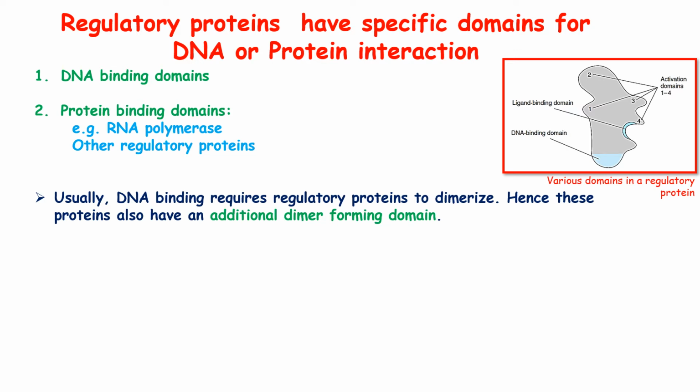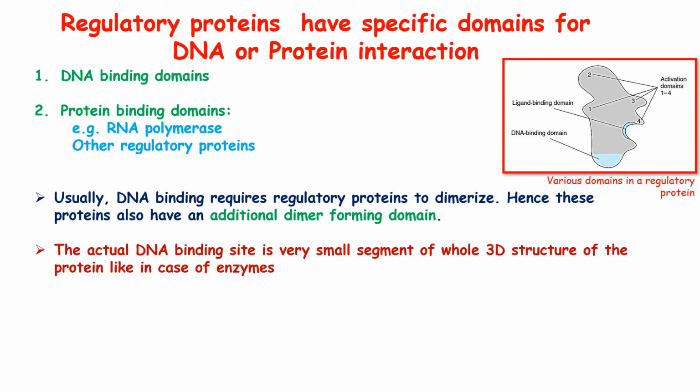It's a common pattern that regulatory proteins dimerize in order to be capable of binding to DNA, for so many regulatory proteins. So the regulatory proteins, in addition to having a DNA binding domain and a protein binding domain, also need to have an additional domain, which is the dimer forming domain.